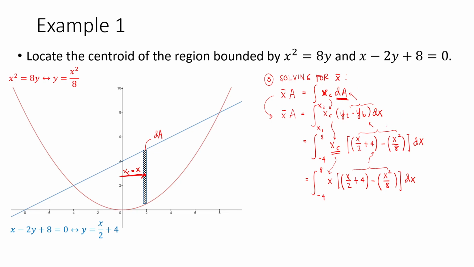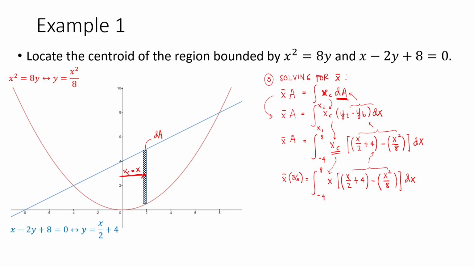So that's on the right side. If you already achieve the right side, of course you're going to copy the left side as well. So bar x times the area, and what we saw from the area in the previous equation, in step number 2, is 36 square units.